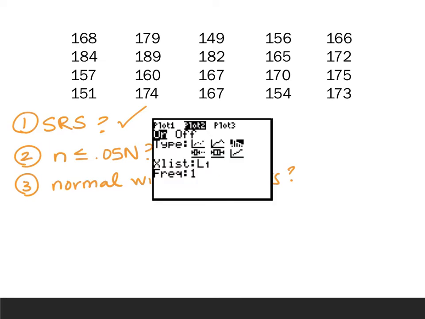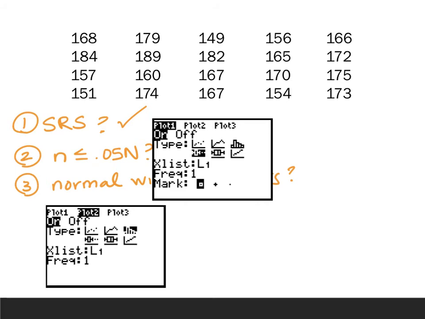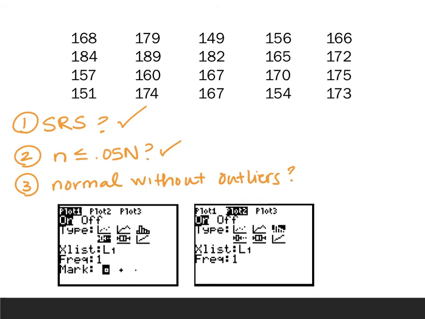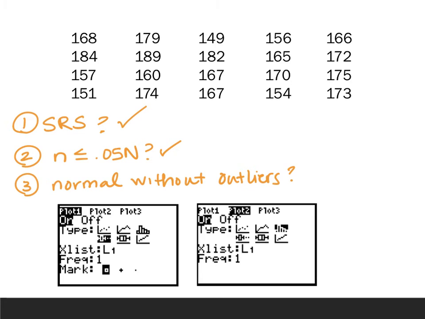All right, so here's what it would look like in our windows. We would go to second y equals, turn our plot on, and draw a modified box plot. We want to make sure we do that modified box plot so that we can get those outliers showing. And then, of course, we can graph.